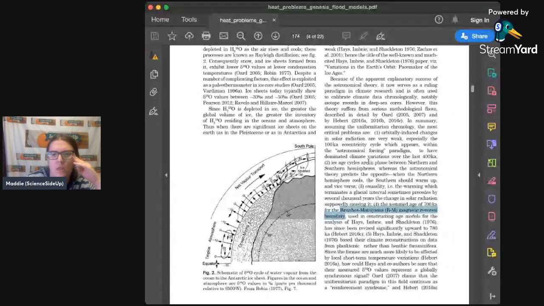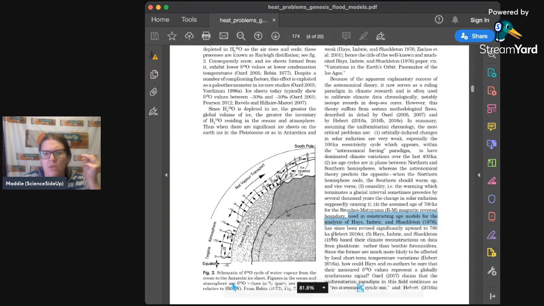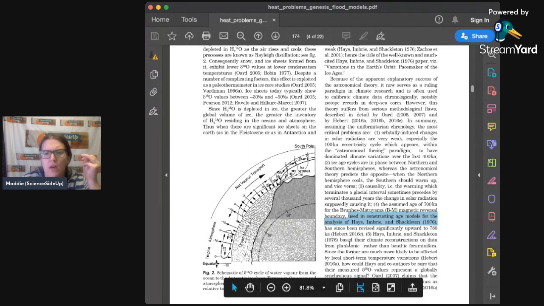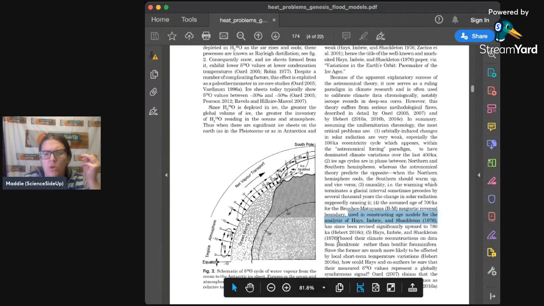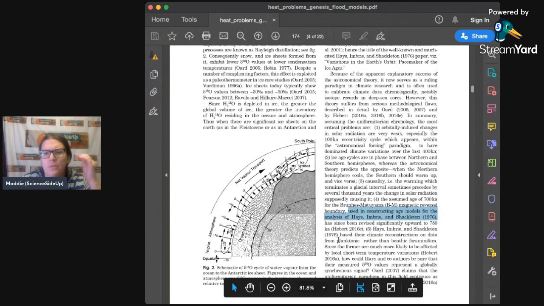So I think he's just saying that this magnetic reversal, which was used in that 1976 Hayes, Embry, and Shackleton paper, has been changed, which is cool.